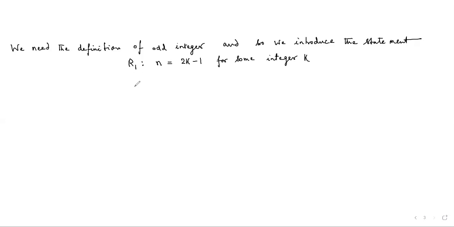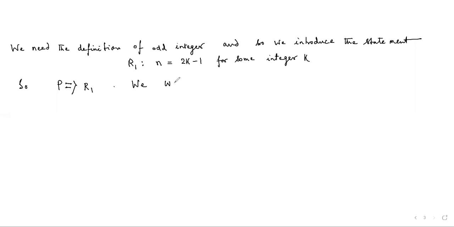Now you can see that I wrote in the statement P that n is an odd integer, and we know this is the definition of odd integer, so we can say directly that P implies R1.